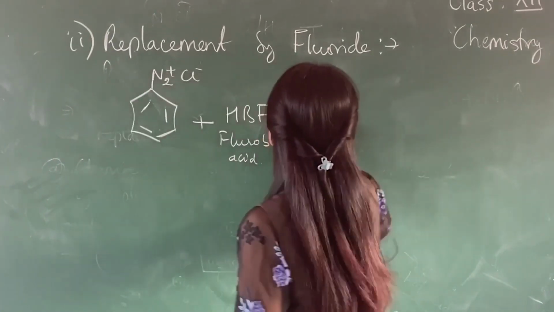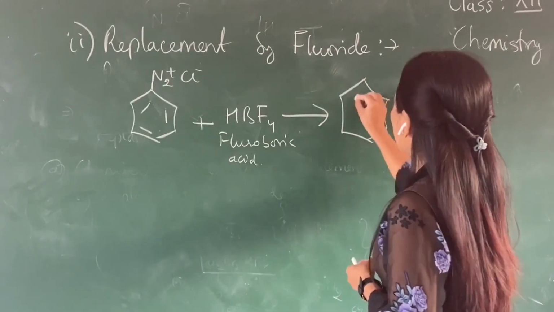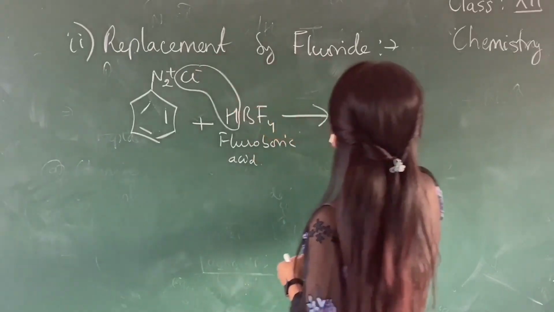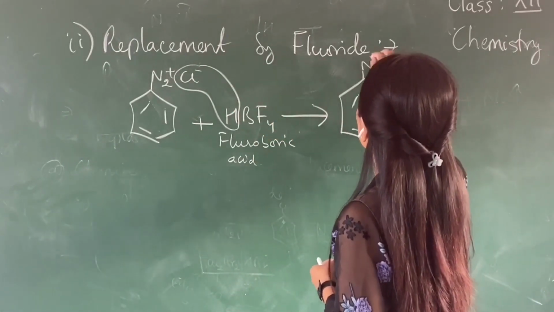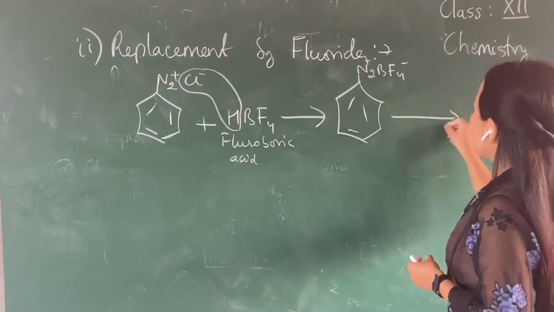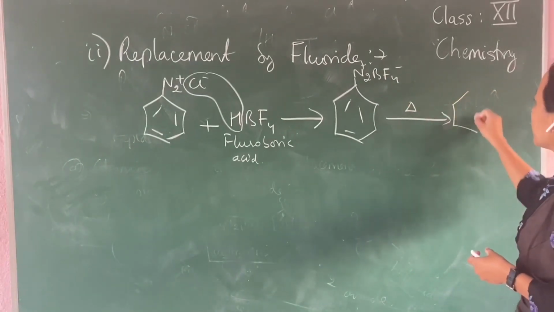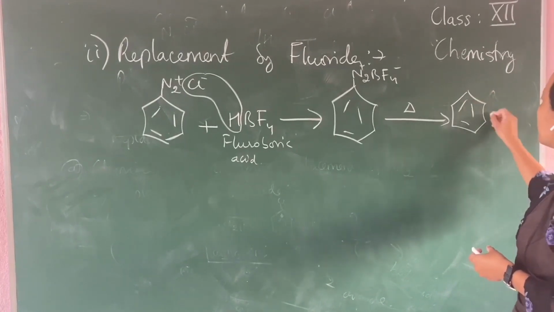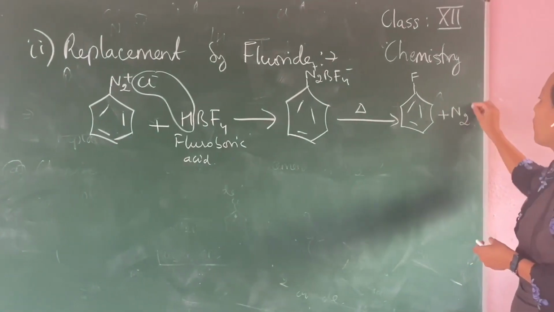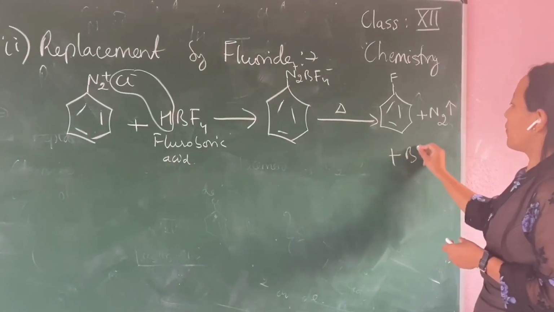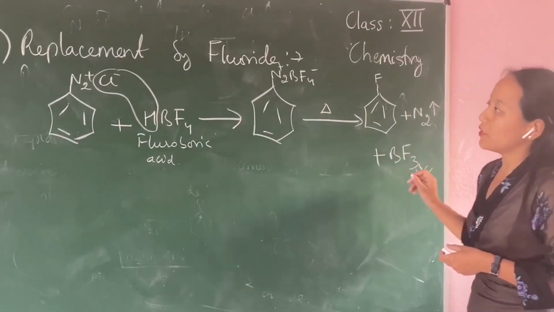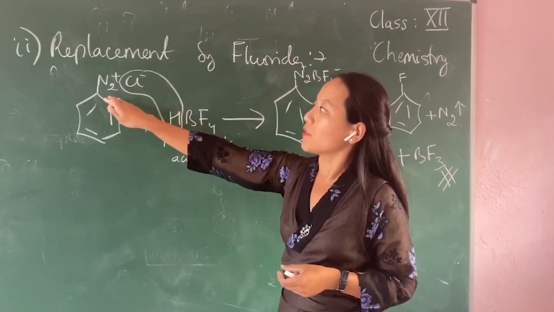What happens is you are going to remove HCl from here, and this will form N2 plus BF4 minus. Now this on heating you will get fluorobenzene, and N2 gas is evolved plus BF3 is formed as a byproduct. This is how you have introduced fluorine in the place of this group.